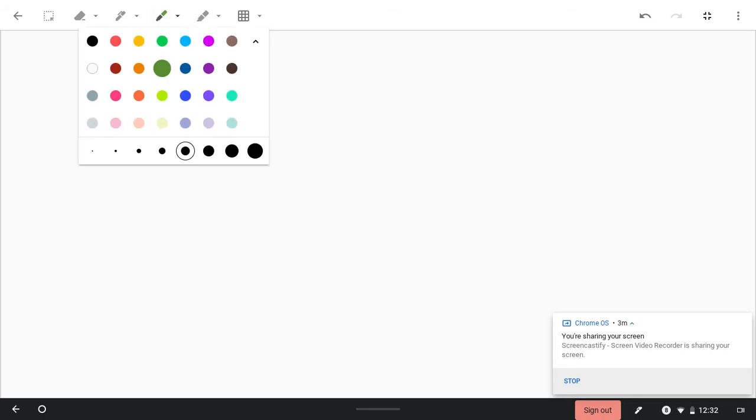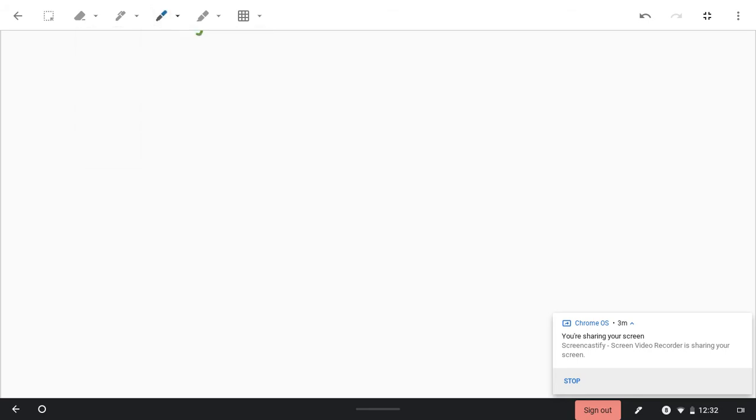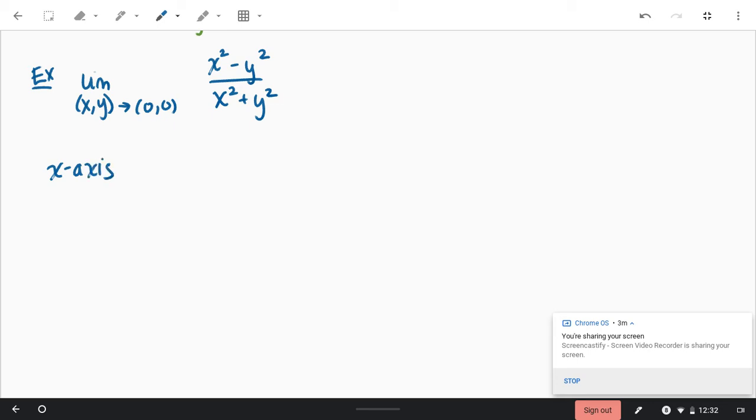The paths are up to you. There are some easy ones to pick. If we have the limit as (x,y) goes to (0,0) of (x squared minus y squared) over (x squared plus y squared), your easiest paths are along the x-axis and along the y-axis. If you're along the x-axis, y equals 0.